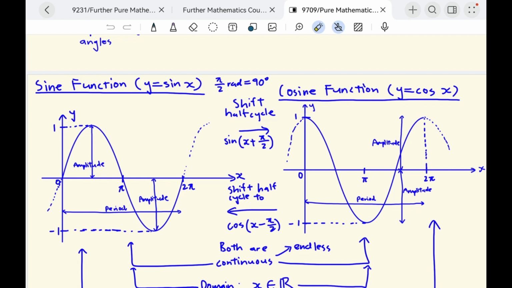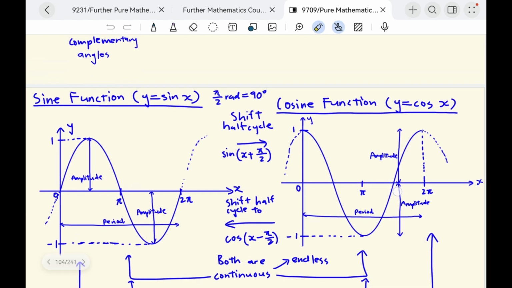So for the ordinary cosine graph, it is up to down, down to up again to complete a cycle, because its period is 2 pi as well. And what about the amplitude of the cosine function? It is exactly the same as the sine, because as I said before, the cosine function is converted from the sine function with a transformation of pi over 2 units, right?